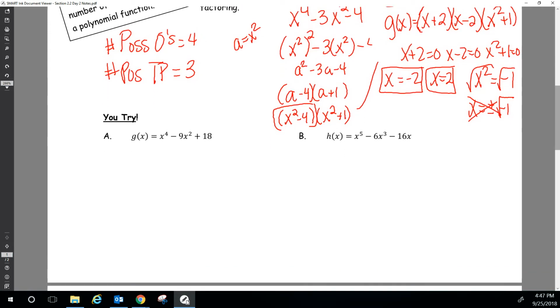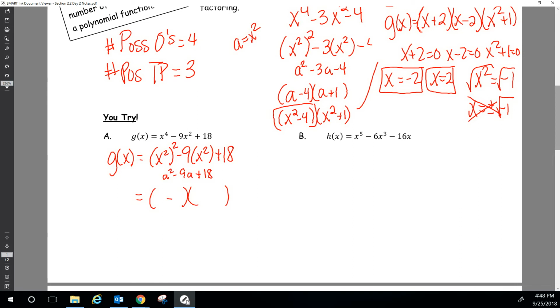All right, for A, again, I'm going to write this quartic function in quadratic form by making this x squared, and then minus 9 times x squared plus 18. So this is really like a squared minus 9a plus 18. And so we are looking for two numbers that multiply together to give you 18, add up to -9.